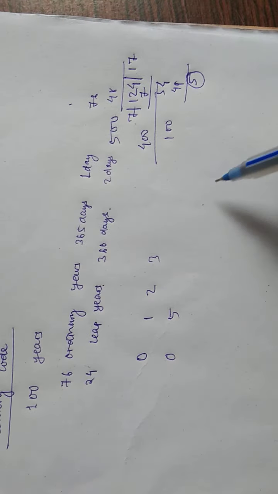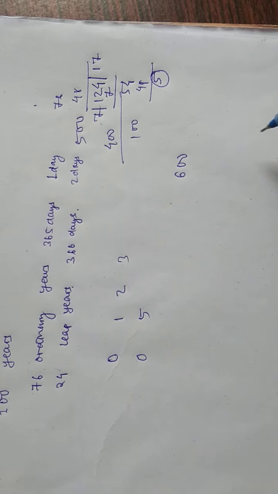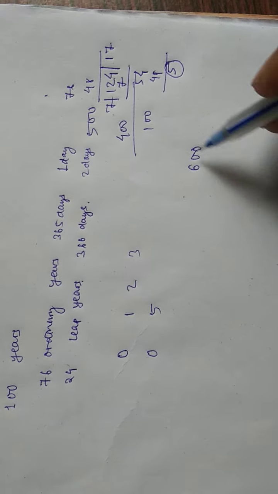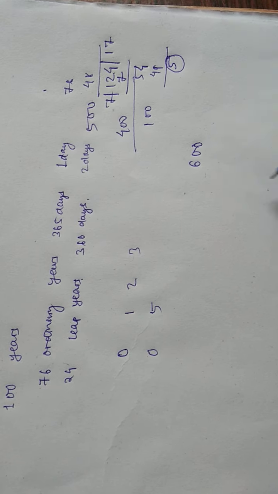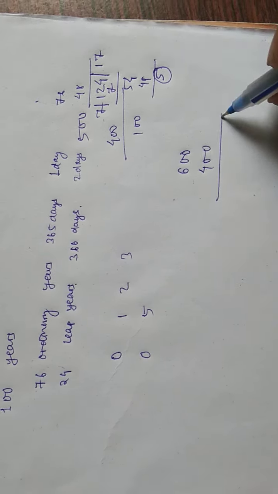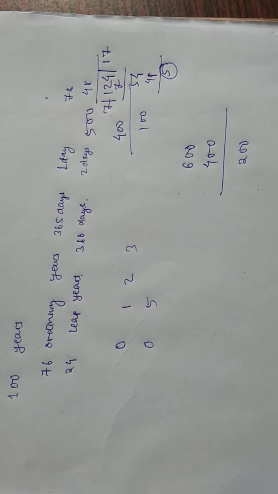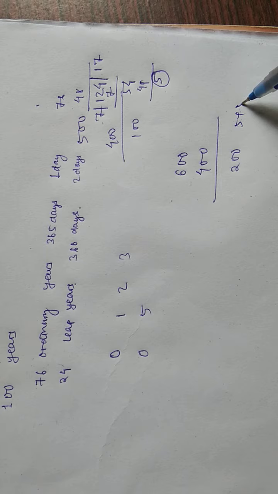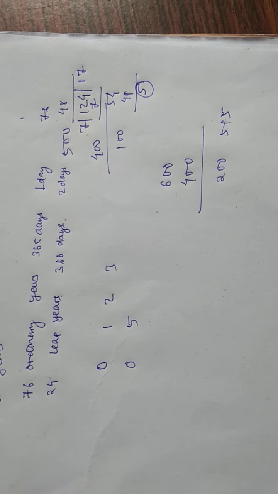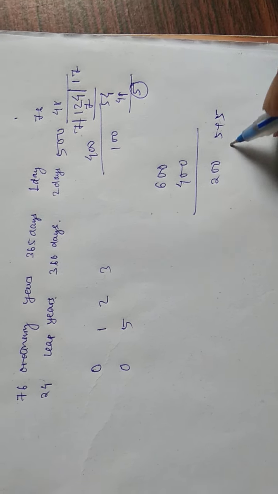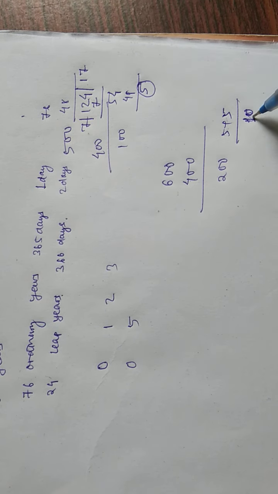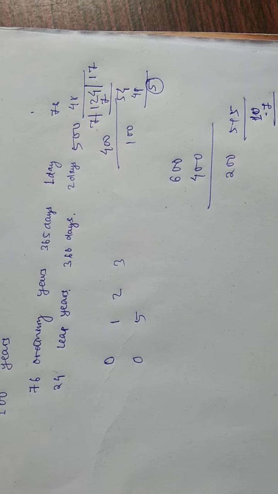And in case of 600, we will be having 200 years, because we subtract 400. Same, so 5 for 100 years and 5 for the next 100 years. We'll get 10 odd days. And minus 7, how many odd days do we get?